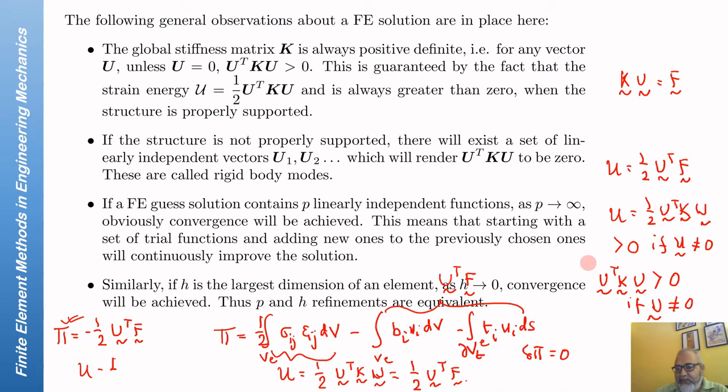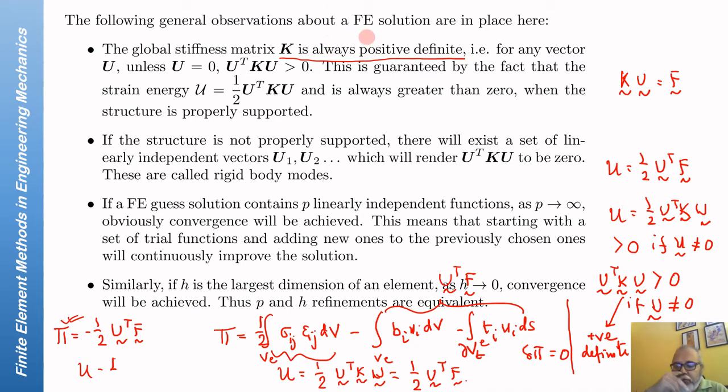And this is exactly the definition of a positive definite matrix. So this shows that K is always positive definite for a linear elastic case at least, because physically this is twice the strain energy stored, and that has to be always greater than 0 if U is not equal to 0. That's a property of your strain energy. Now, that is the first point, that the global K is always positive definite.